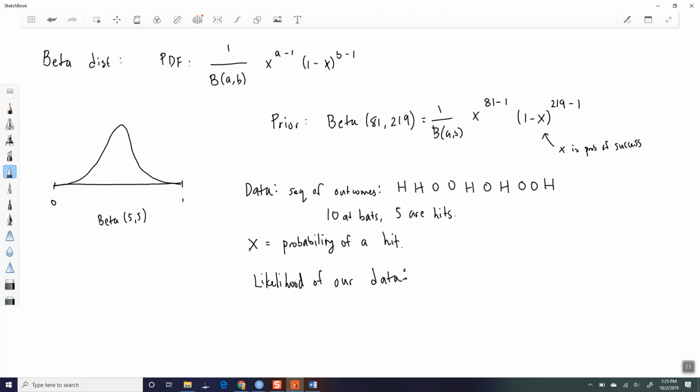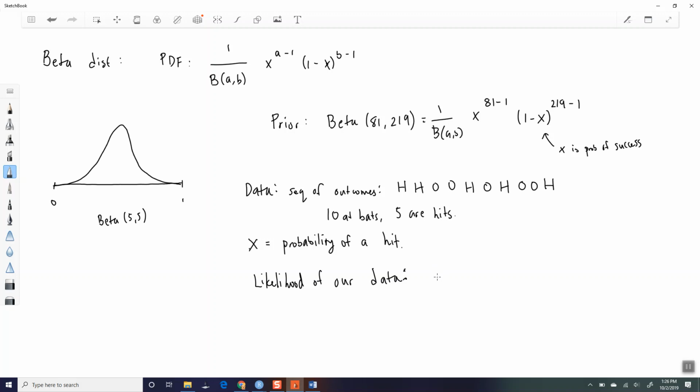The likelihood of our data is going to be what? How many hits did I get? 5. So what is the probability of getting 5 hits in a row? Maybe just using the x is throwing you off. If it was p, you would just do p to the 5.